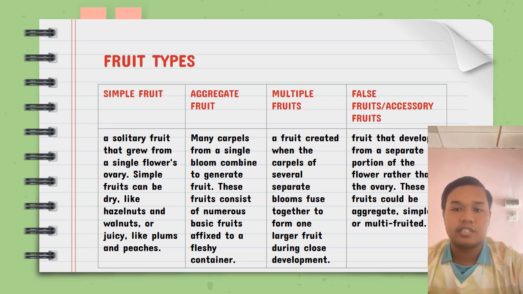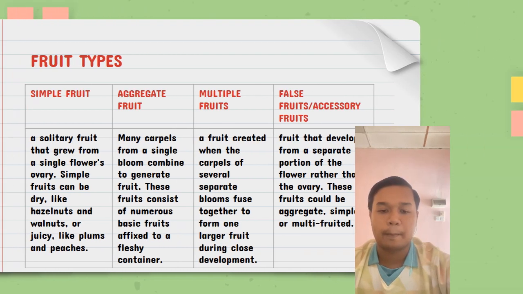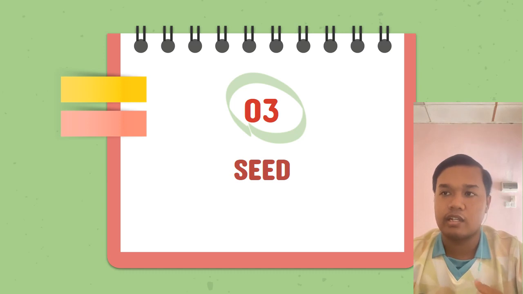The edible parts of the fruits may come from surrounding tissues such as the receptacle, floral tube, or other floral parts. An example of a false fruit is the apple, where the fleshy part develops from the floral tube and receptacle rather than the ovary.